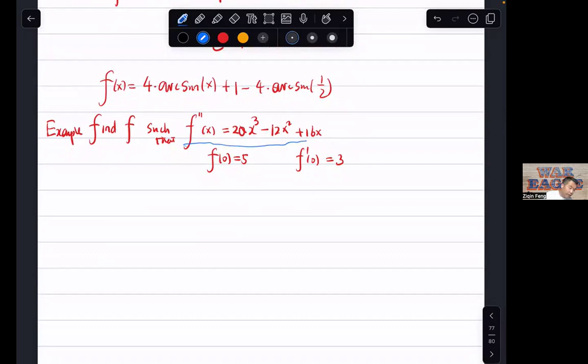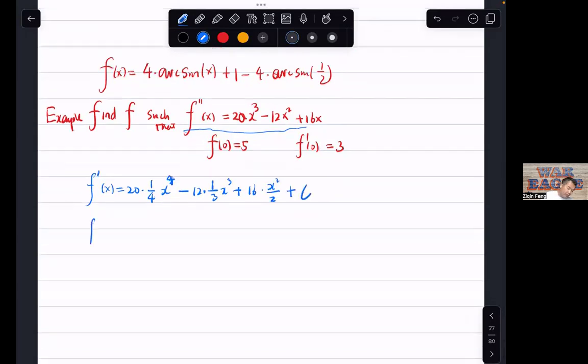From f double prime, you know that f prime of x is 20 times 1 over 4 x to the 4, since 3 plus 1 is 4, minus 12 times 1 over 3 x to the 3, plus 16 times x squared over 2, the most general antiderivative, plus a constant C. And from here, you can get a formula for f of x.